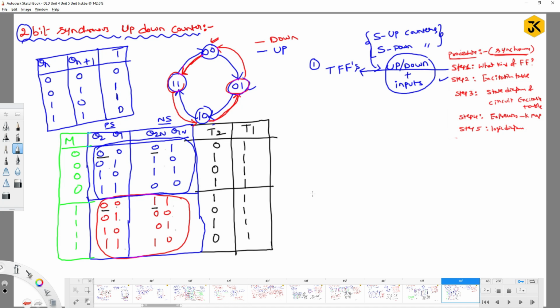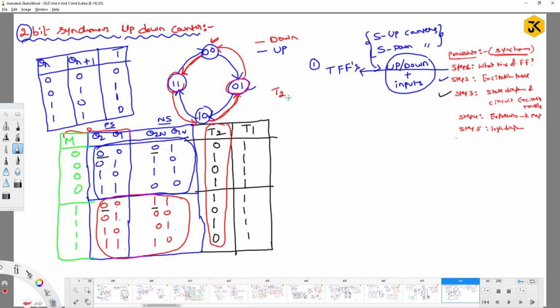Now once we have drawn the state diagram and the excitation table, you can go with the simplification, right? So how can we simplify it? You can take the value of T2, right? What might be the value of T2? You can get this value by combining these three, M, Q2 and Q1, right?